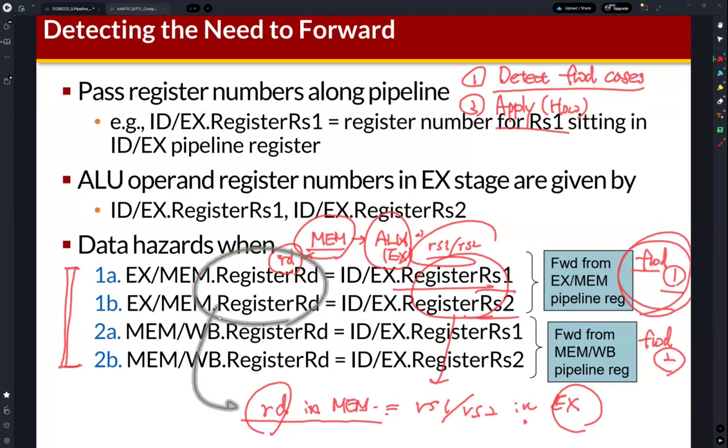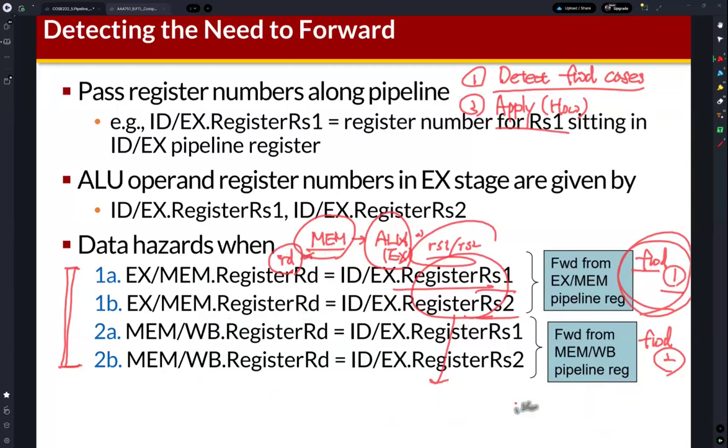Do you understand? And then what is forwarding case 2? So for forwarding case 2, the data in write back is forwarded to the input of the ALU, right? Then what is this ALU? The ALU is in the EX stage.